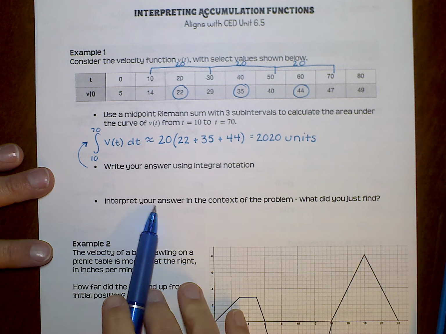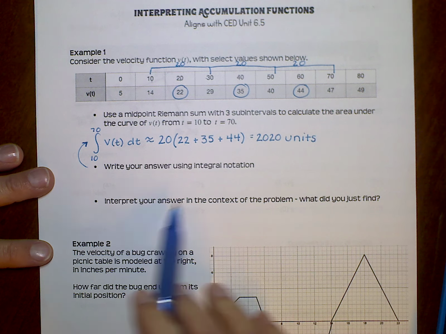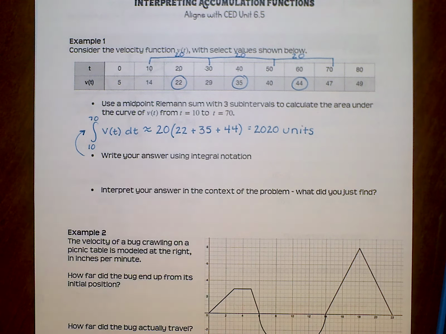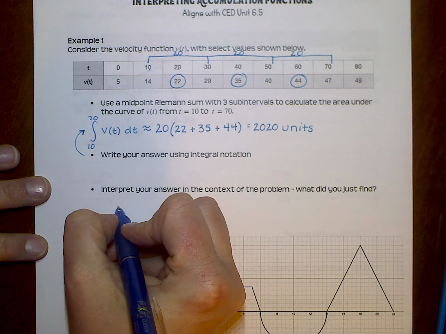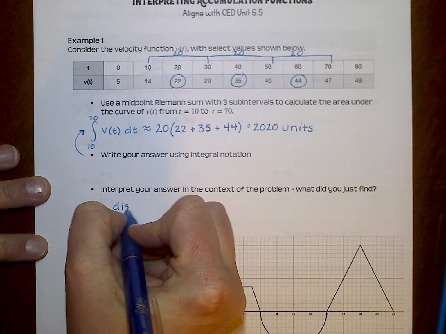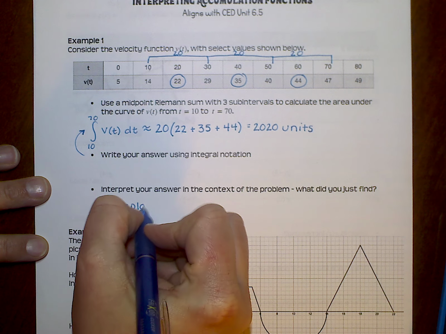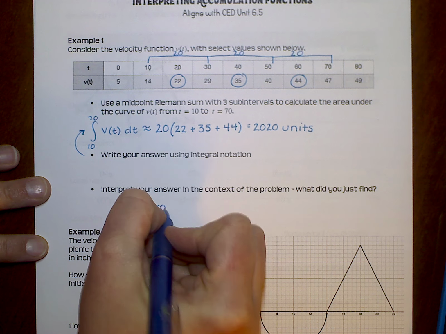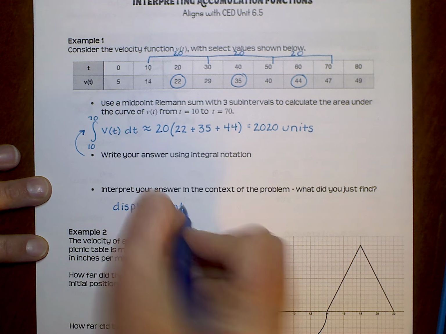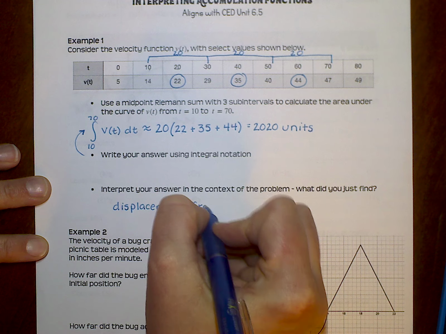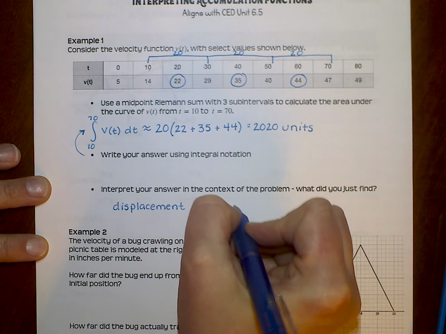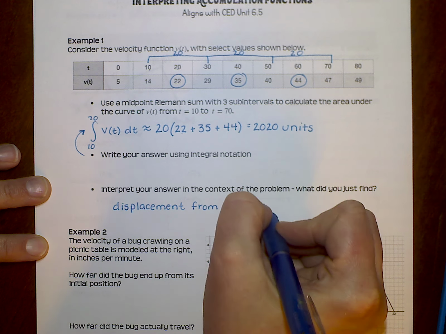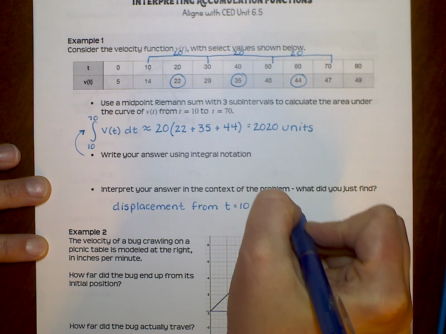And in terms of the context of the problem, remember that when you do this Riemann sum where you're adding up the area, anytime you're just finding the areas and adding them together, technically what you're finding is the displacement. And it's the displacement from t equals 10 to t equals 70.